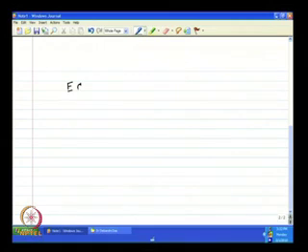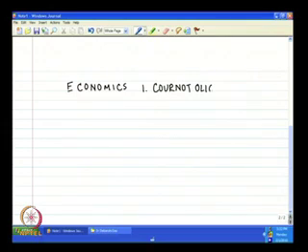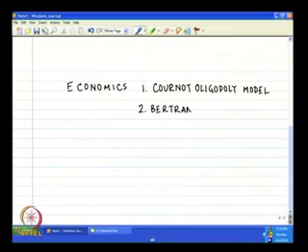The first 2 applications will be from the domain of economics, and these are number 1, the Cournot oligopoly model, and the Bertrand oligopoly model. So, these will be from the subject of economics.